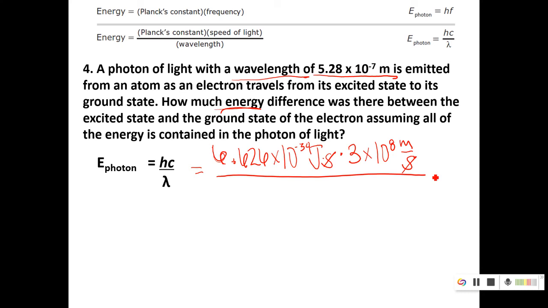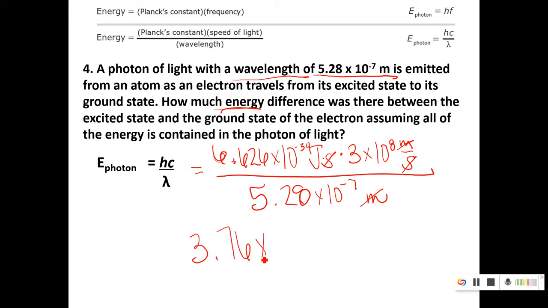So at this point, my seconds is already canceling out, and we're dividing by 5.28 times 10 to the negative 7 meters. Remember, it is going to be common that wavelengths come in nanometers, and to do a calculation, they need to be in meters. And I get 3.76 times 10 to the negative 19 joules.